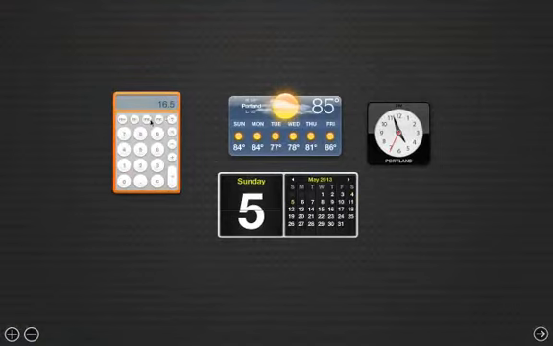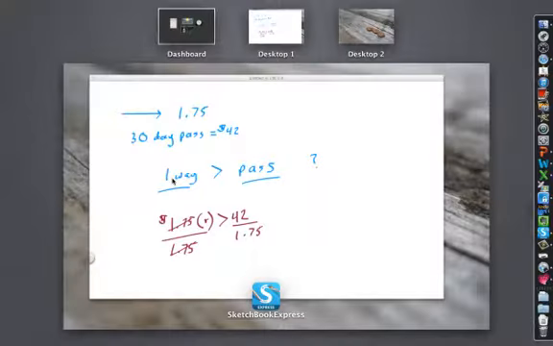We have to clear it out, and then say 42 divided by $1.75. So real quick, equals 24. All right, and that makes sense.